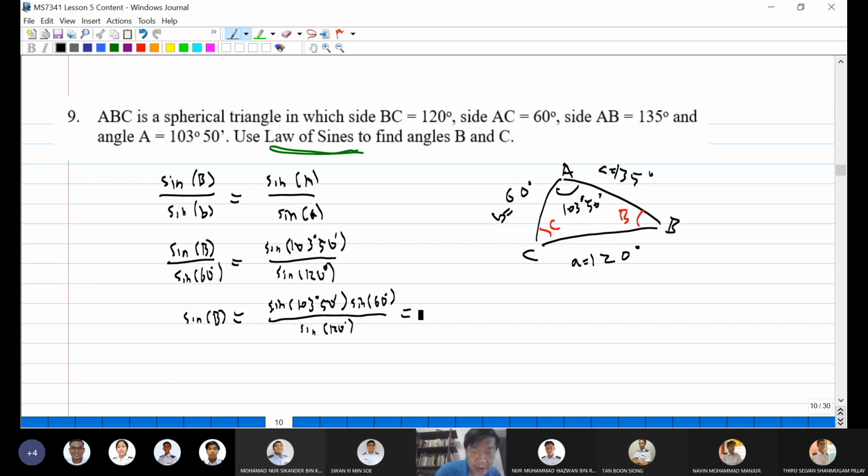So press the calculator and see what you get. Sine of 103 degrees 15 minutes times sine of 60 divided by sine of 120.